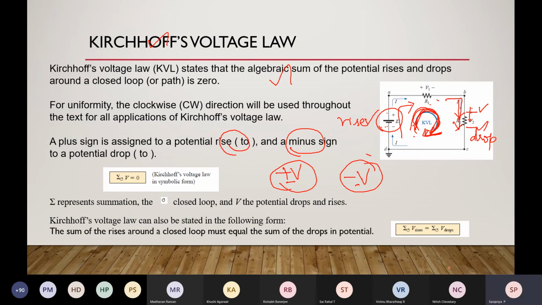So now the sum of the voltages in a closed loop is 0. From that we can say that the sum of the voltage rises in a closed path is equal to the sum of the voltage drops in a circuit.